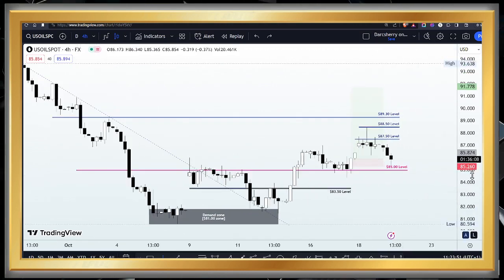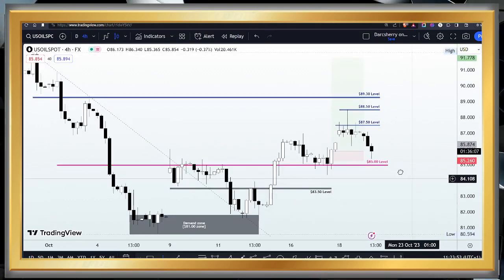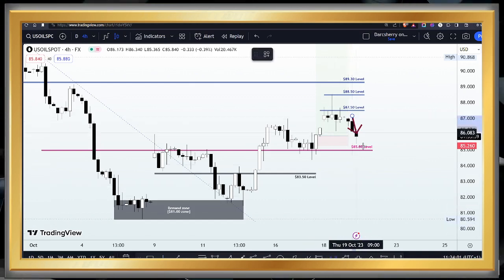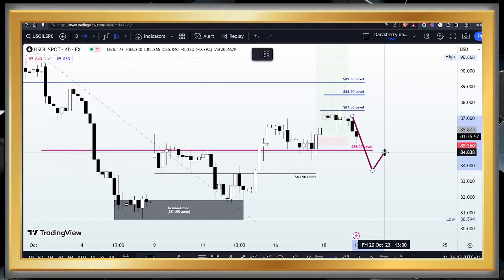So now the question going into the new week, to New York session today, is how far will this retracement phase go? How are we going to be witnessing a situation that will incite a sell-off, especially considering the recent development as regards to the US-Venezuela deal, which is ongoing right now, where the US is planning to drop some sanctions so that Venezuela can put their oil into the global market, hereby increasing the supply in the market.